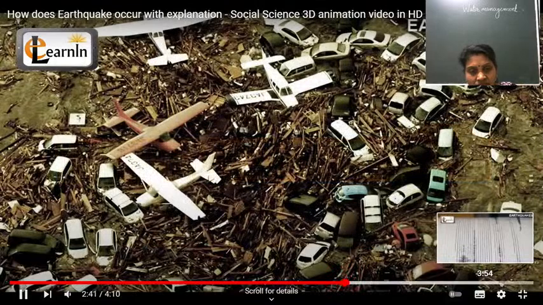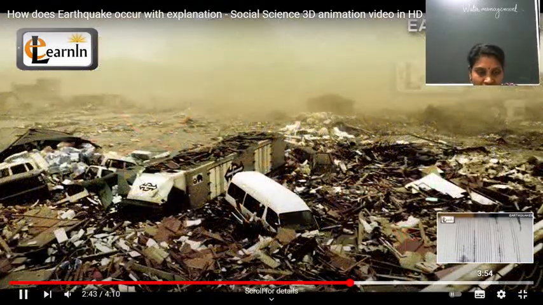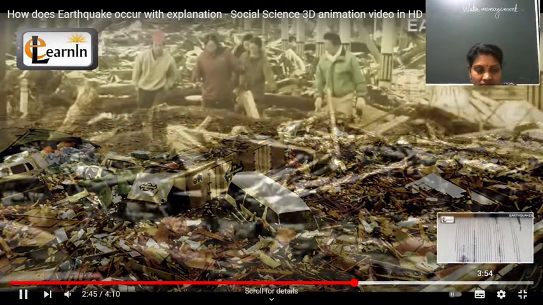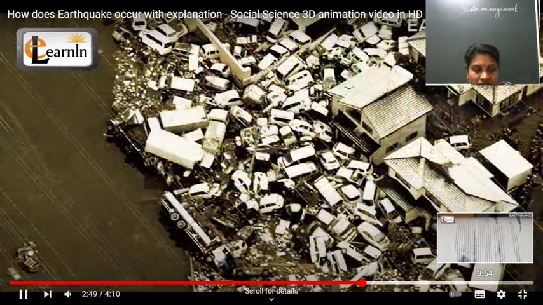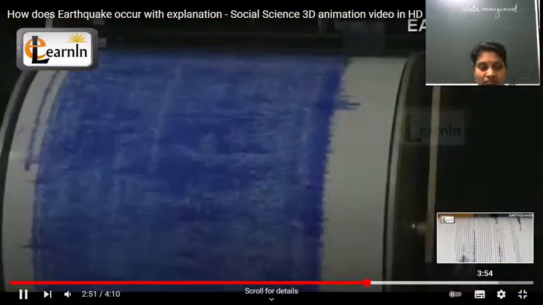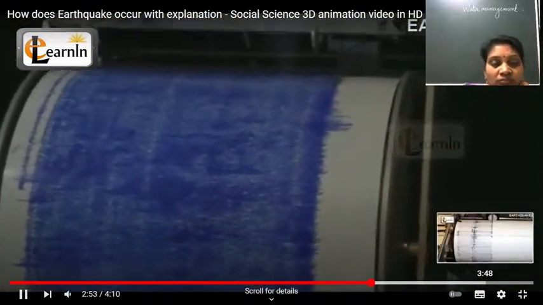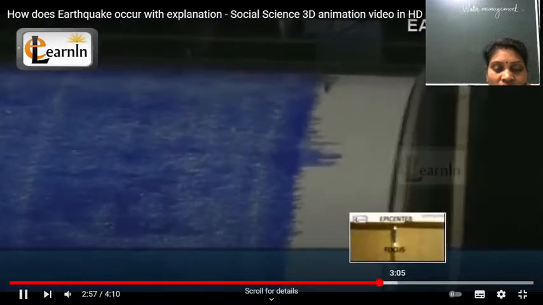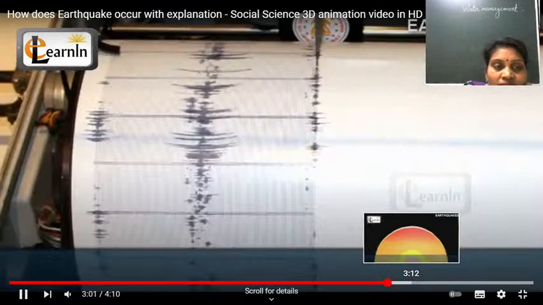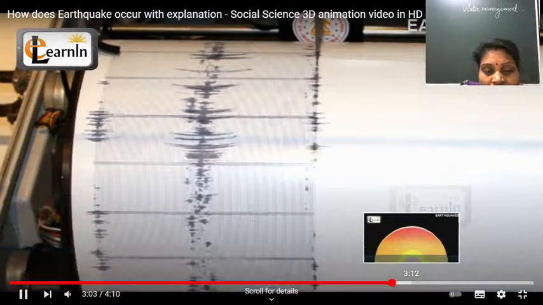The most violent shocks and subsequent destruction is caused by the L waves. The instrument used to detect and record seismic waves is called a seismograph. The recorded material appears like a graph and is called a seismogram.